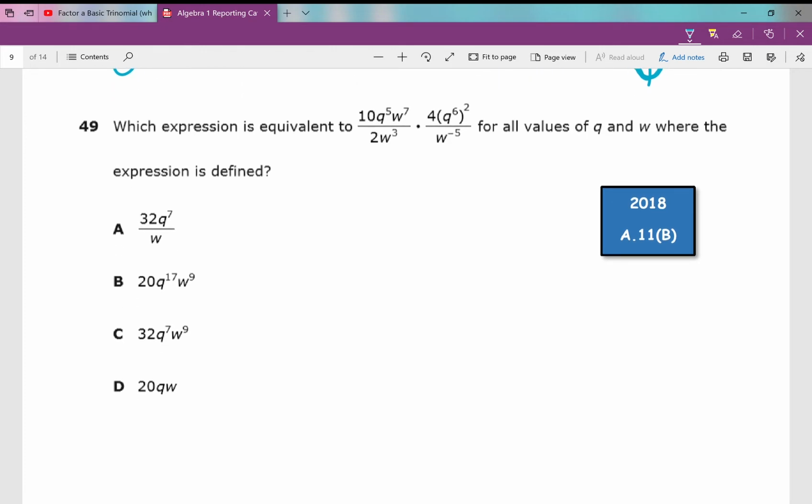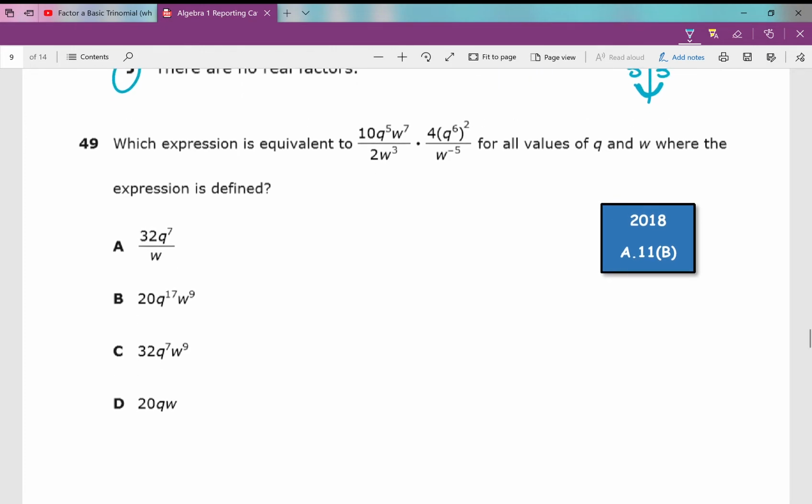Number 49, which expression is equivalent to, oh my gosh, this is a big one. Well, I've got two different variables, so let's store in 2 for Q, 3 for W. Since you have these two fractions here, I would type in alpha y equals, and then press enter.